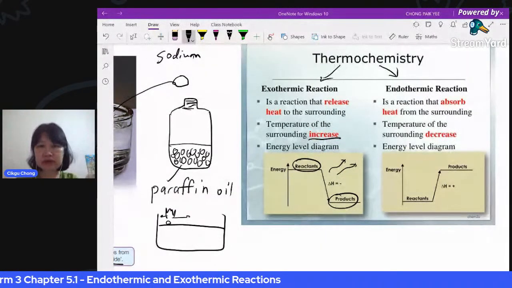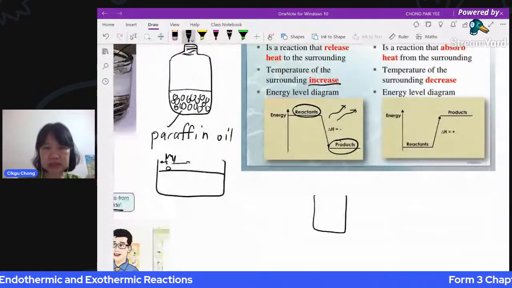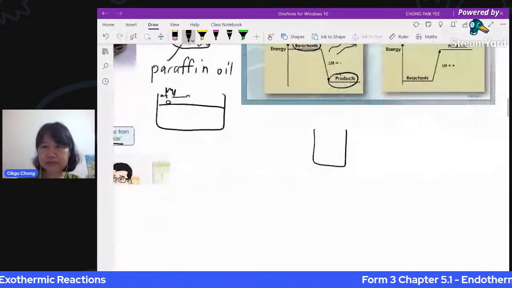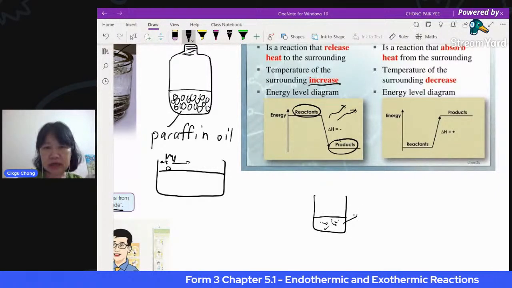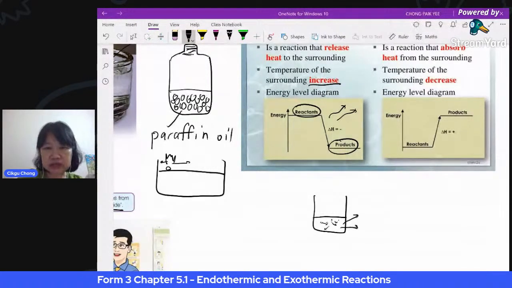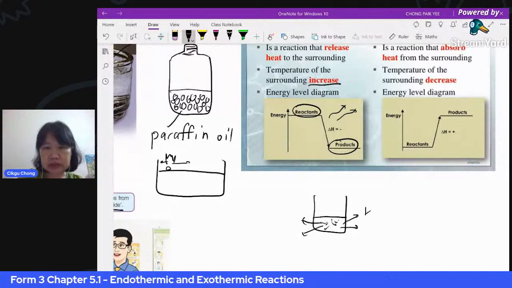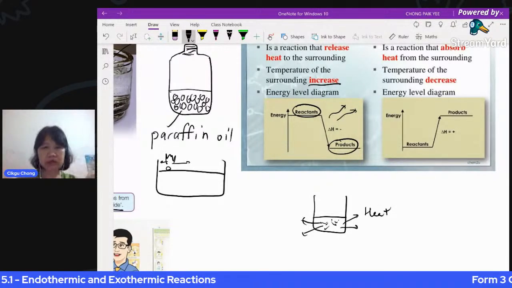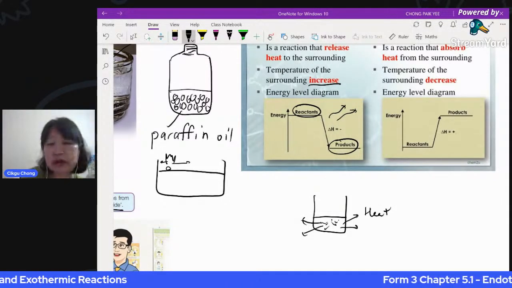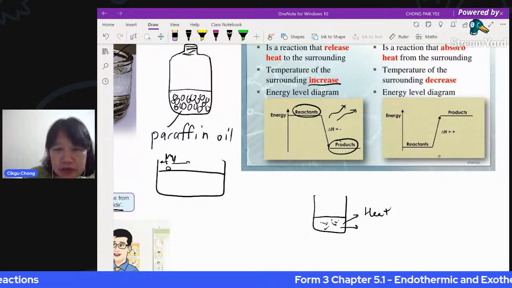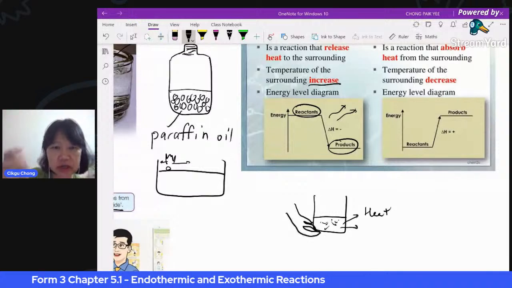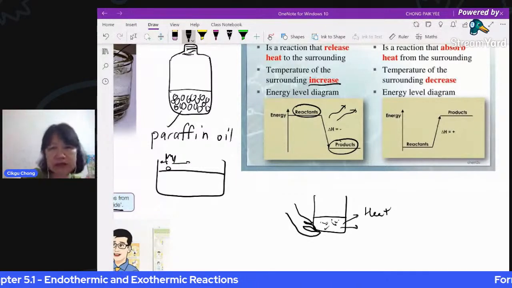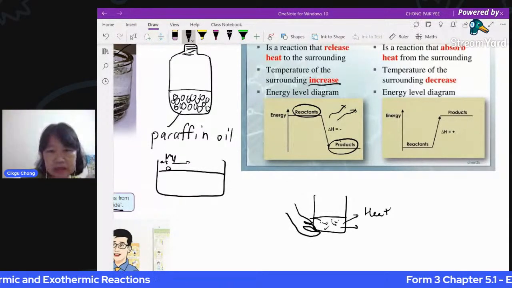For example, I have chemical A plus chemical B. After mixing the two together, it will produce heat. That means the surrounding will be warmer. If you put your hand here and you touch it, you feel that the heat will be taken by your hand.